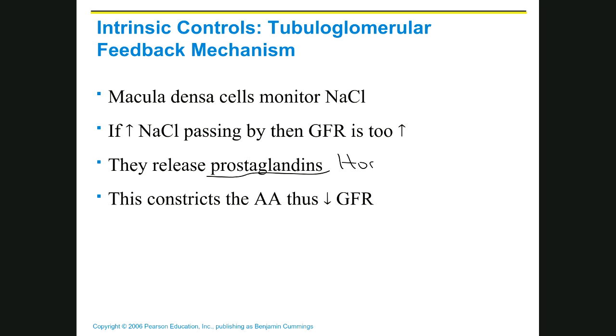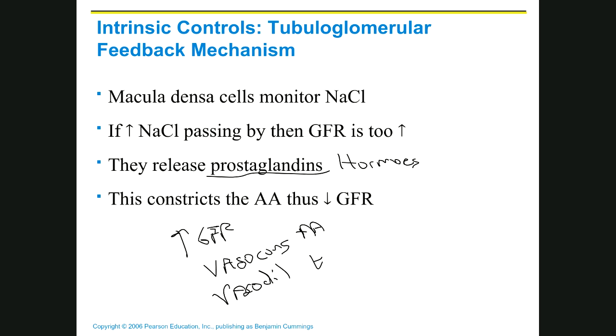Remember, if GFR is too high, what are we going to do to fix it? We're either going to vasoconstrict the afferent arteriole or vasodilate the efferent arteriole, or both. So it's too high, and the macula densa cells release these hormones, and look what happens.